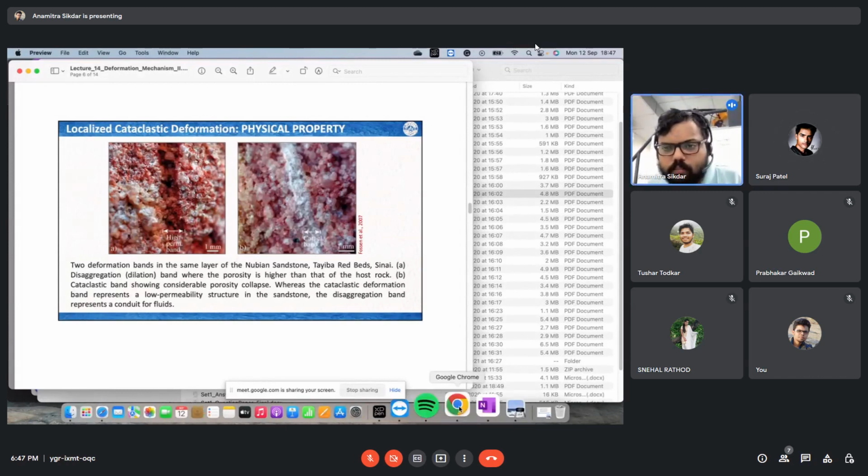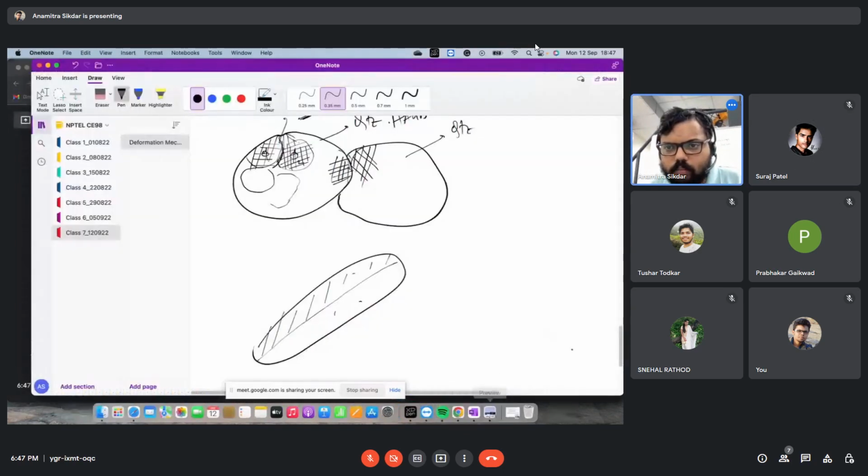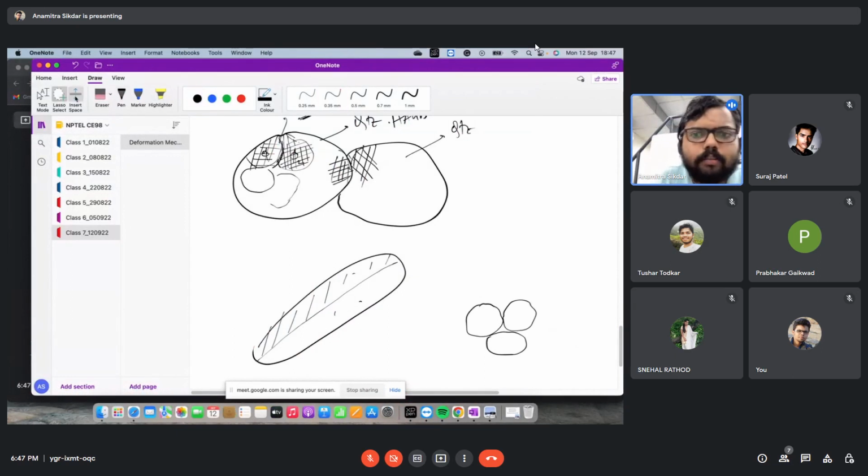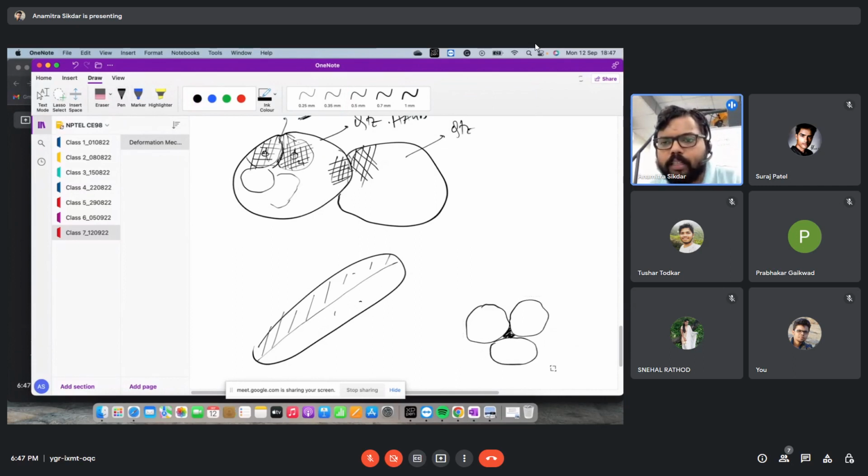Okay, suppose you have a grain here, a grain here and one grain here. In between that you have a pore space. Now dilation is happening. If dilation happens, what is actually happening?